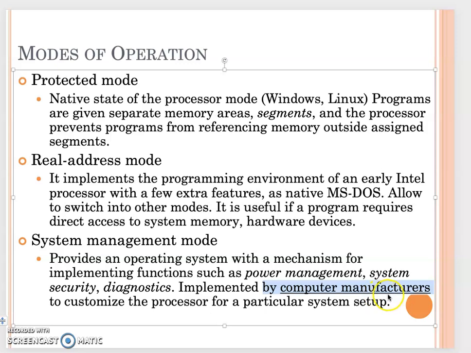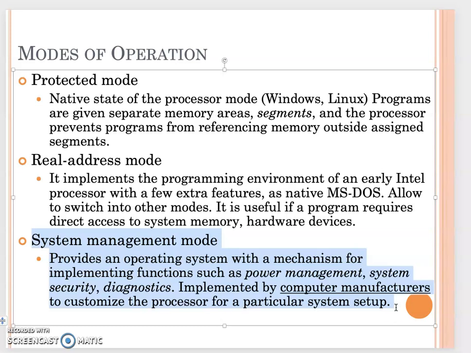That's because the manufacturer, for example HP, IBM, or ASUS, directly uses the system management mode to deal with the hardware and handle their management, security, and hardware analysis. So the computer manufacturer customizes those processors for a particular system setup, and you have no way to do that.